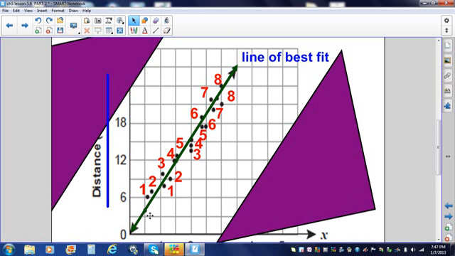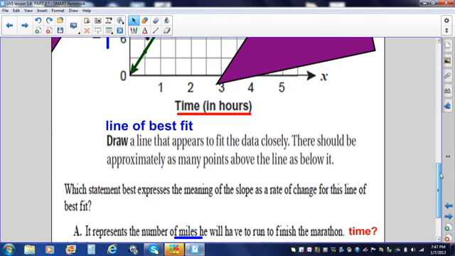The question is, will it always have 8 lines above and 8 lines below? Excellent question. No, it could have 3 above and 3 below, or it could have 5 above and 5 below. So the line of best fit refers to a line that appears in the scatter plot. There should be the same or approximate number of points above the line as below it.